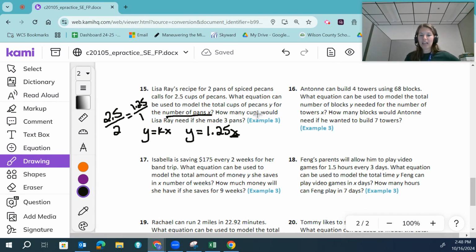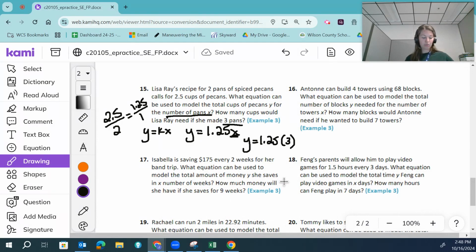So if she made 3 pans, x is the number of pans. So I am doing y equals 1.25 times the number of pans, and I can substitute that number into my equation.